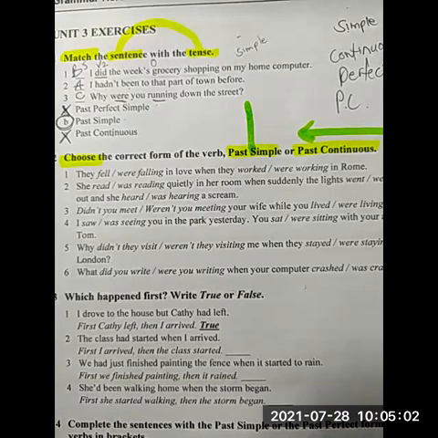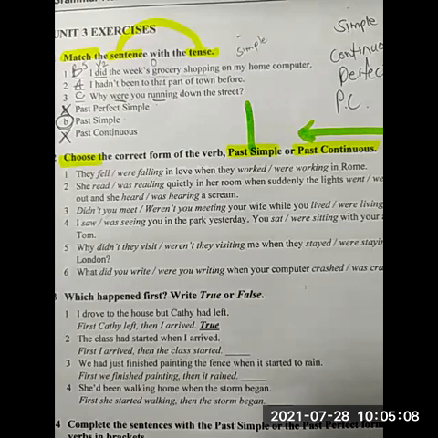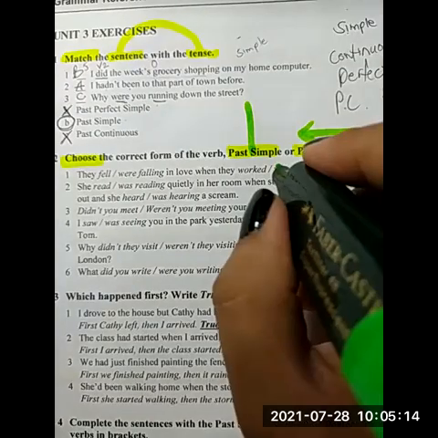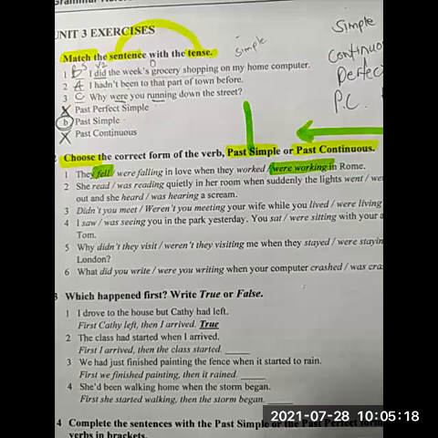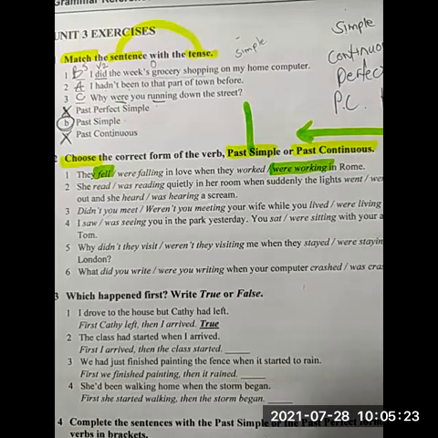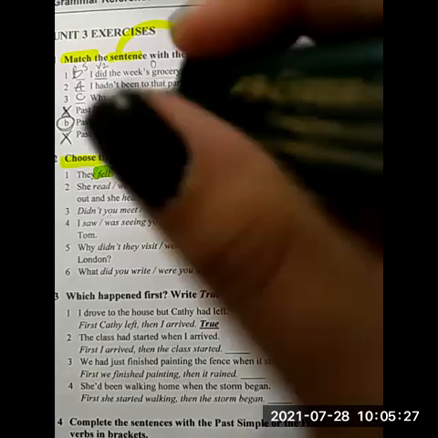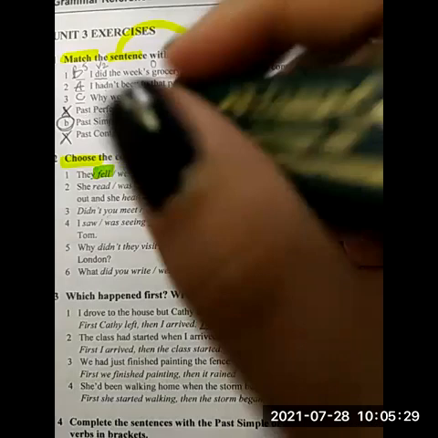Okay. Right. So which one was the longer action of the two? Well, obviously they were in the process. They were busy working in Rome. So they were working in Rome when they fell in love. She read quietly in a room when suddenly the lights went out and she heard. So what is the long action? She was reading in a room when the lights went out and she heard bang, bang.